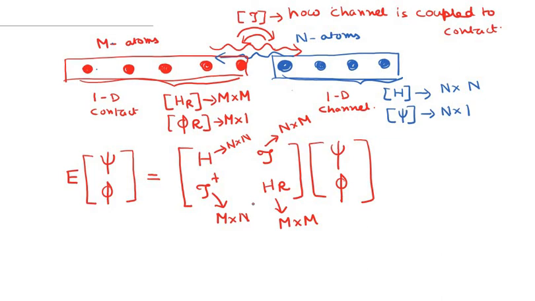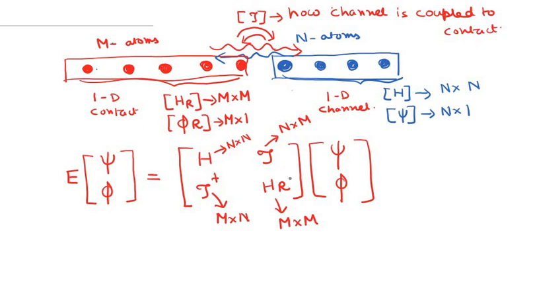Now remember that we could of course have solved this equation if we had accurate information on this Hamiltonian HR, but the issue is that, as I stated, the contact is large and typically it should be semi-infinite. So this Hamiltonian HR is also a very large matrix, because M is typically very large.